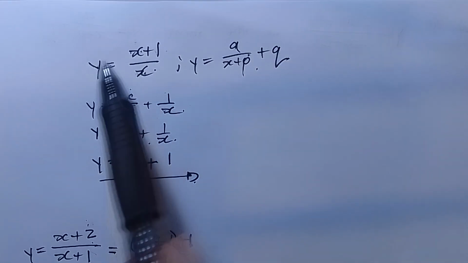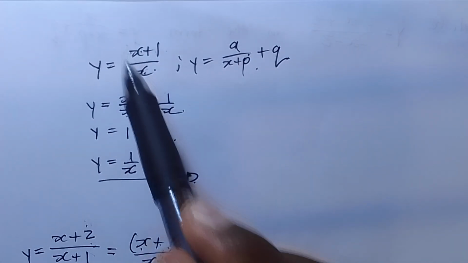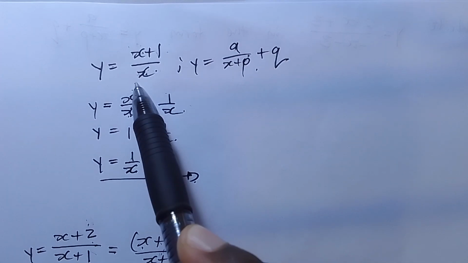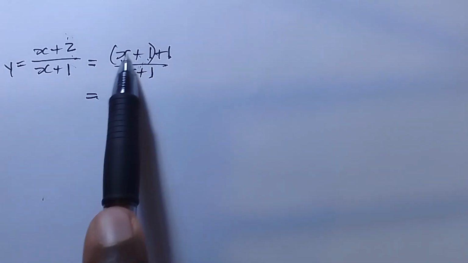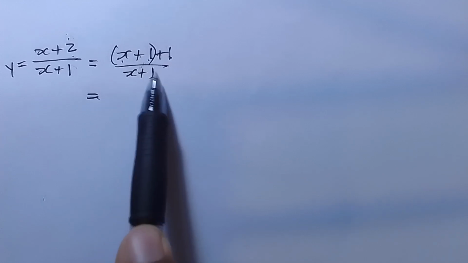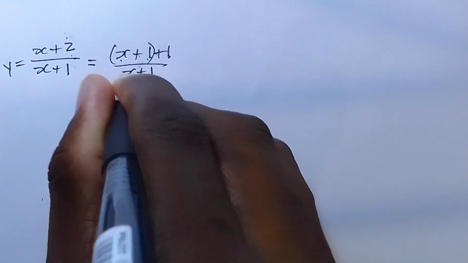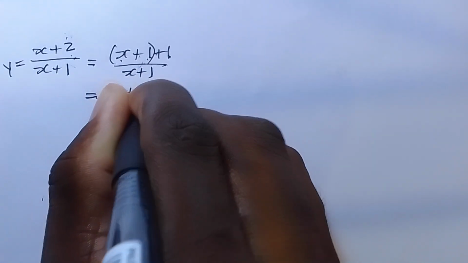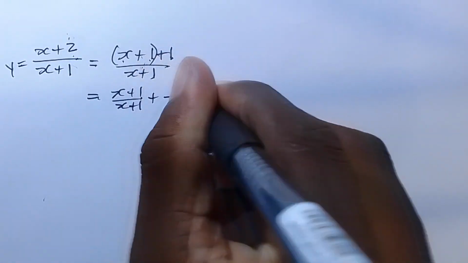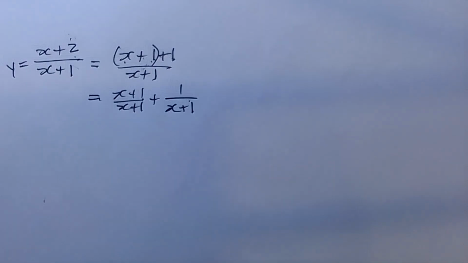Now here we will do the same thing we did here. We set this over this and 1 over x. Right, so here we'll say x plus 1 over x plus 1 plus 1 over x plus 1.